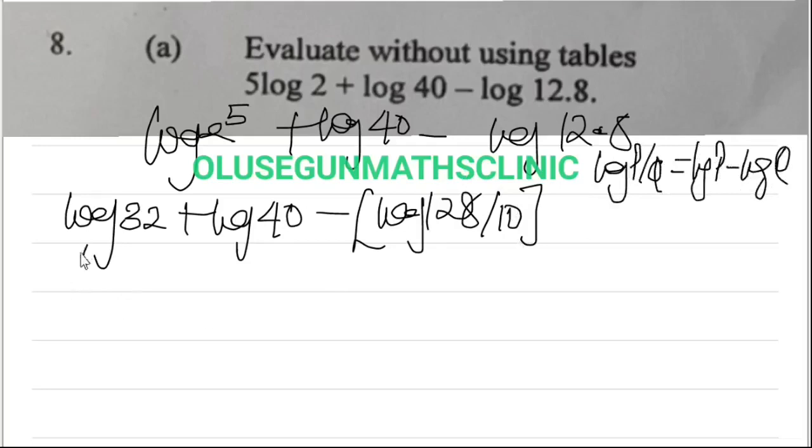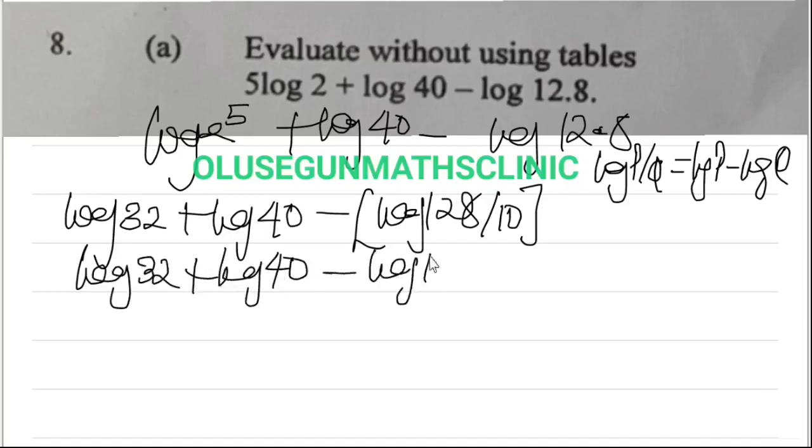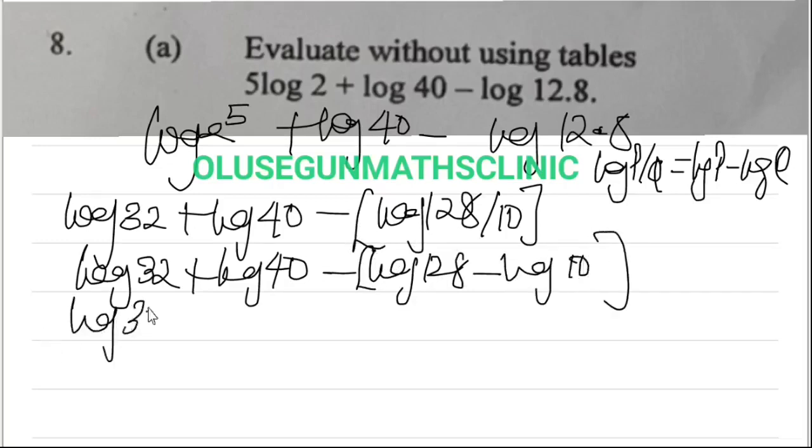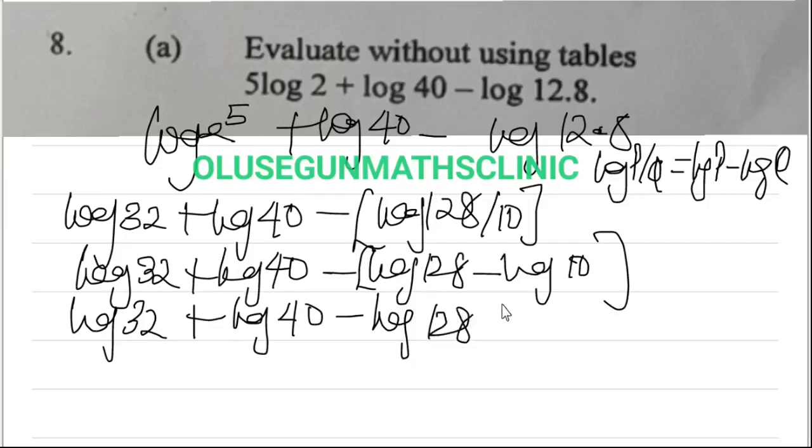So in writing this, log 32 plus log 40 minus log 128, now because there's a minus here, this is plus log 10.